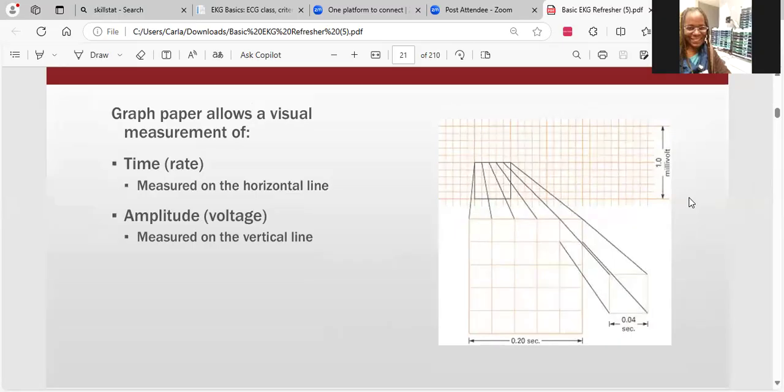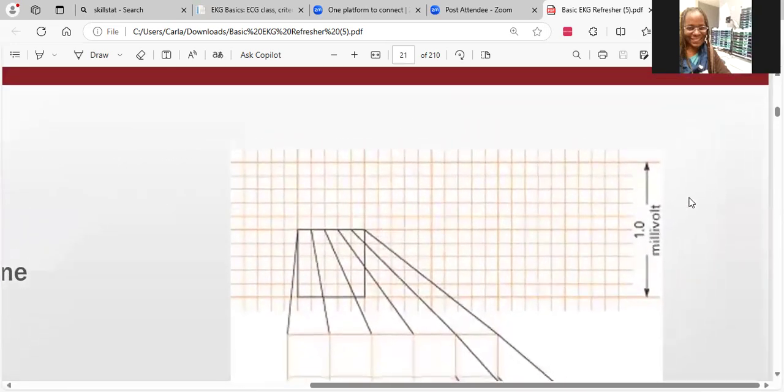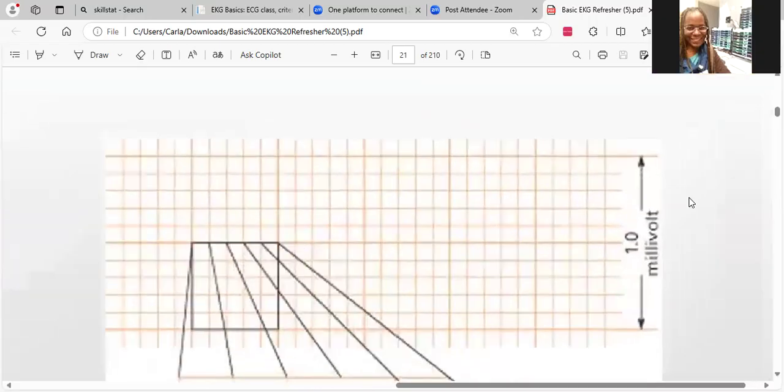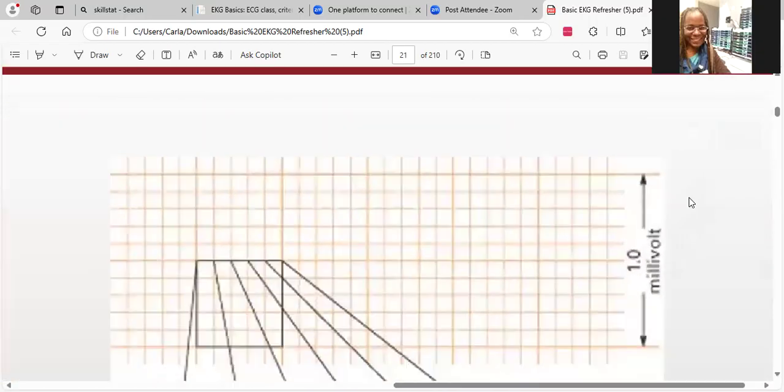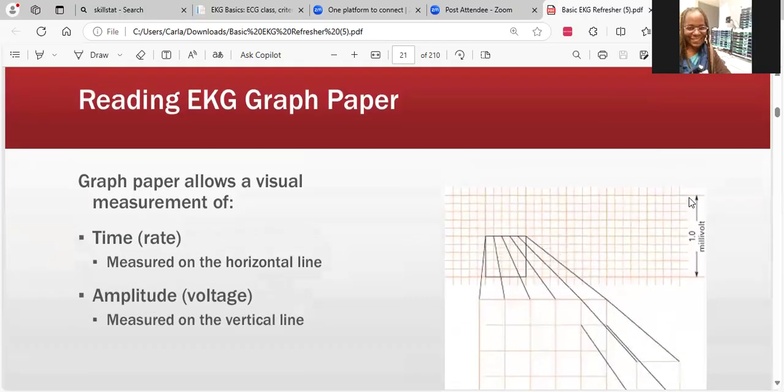Time goes across horizontally on an EKG, and voltage is measured vertically. Voltage, as you see here, measures the height or the amplitude. The voltage is measured in 0.1, 0.2, 0.3, 0.4, 0.5.